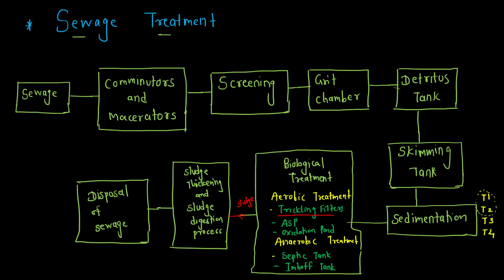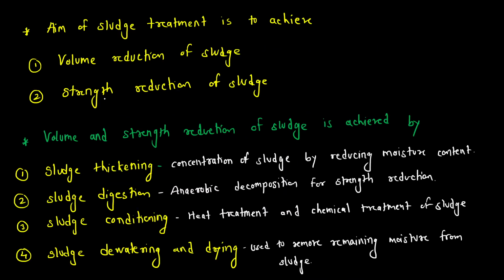Okay, so you just pay attention to this chart. In this chart, as we have seen, the sewage enters through each of these processes. After the biological treatment, the sewage is converted into sludge and water. This sludge is then taken to the sludge treatment plants, where it goes through the following processes, starting with sludge thickening, in which there is reduction of moisture content.